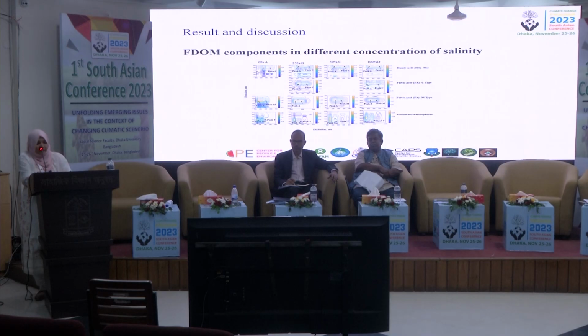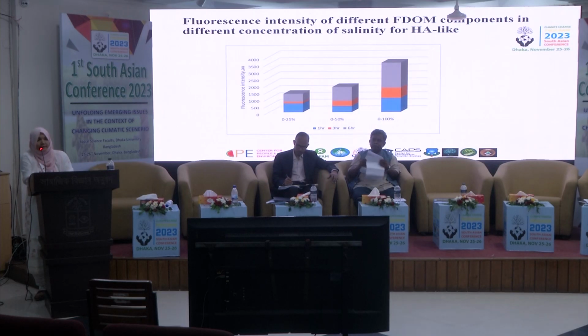And in 100% saline water, we found four components in the excitation emission matrix: humic acid-like component, fulvic acid-like component C type, fulvic acid-like component M type, and protein-like fluorophores. We diluted our artificial saline water to different salinities: 0%, 25%, 50%, and 100%.